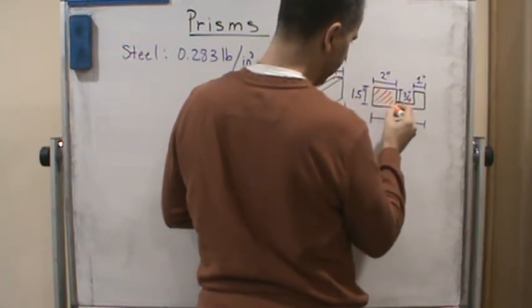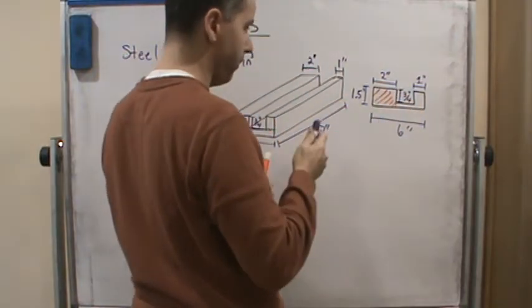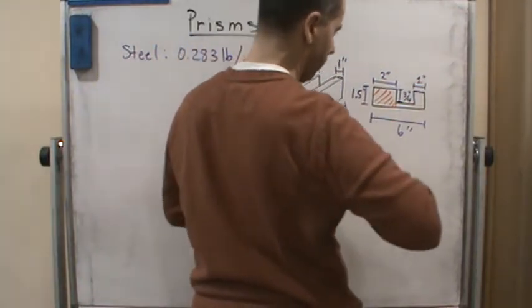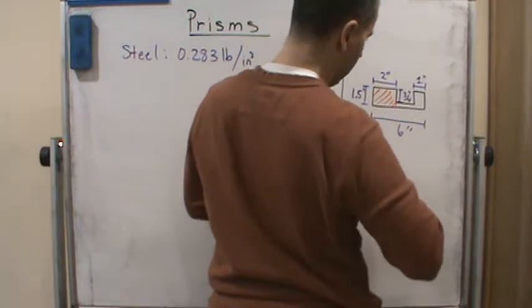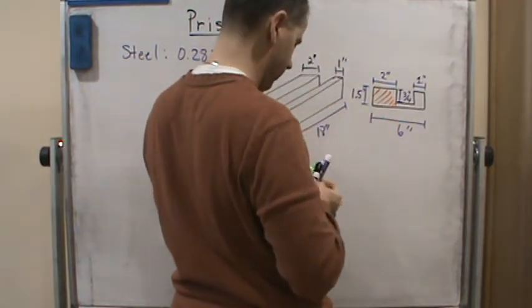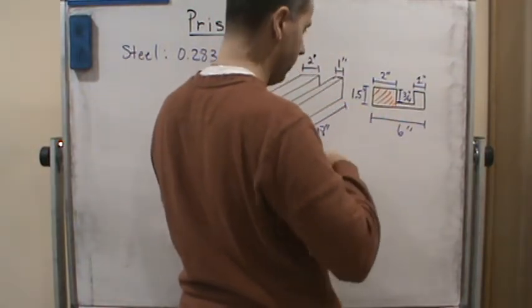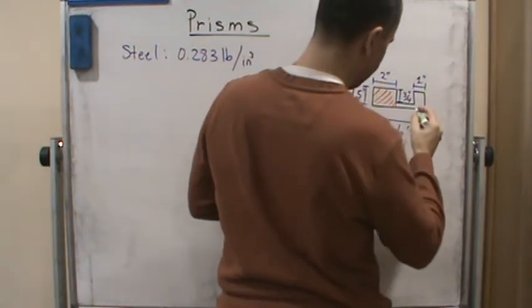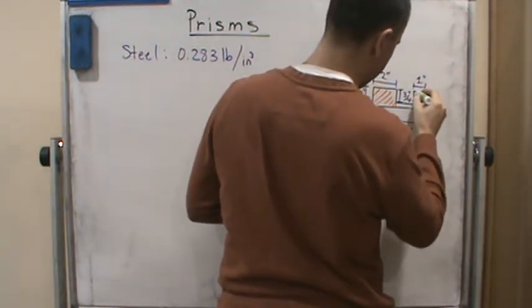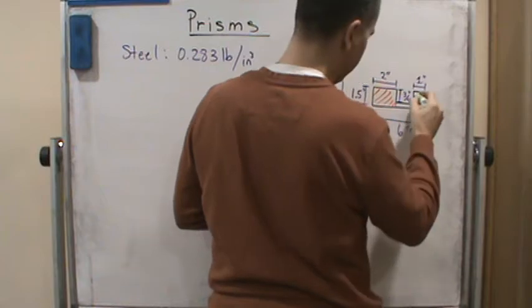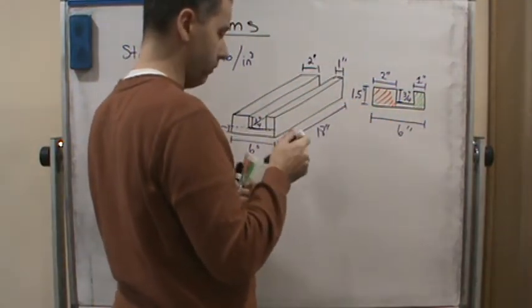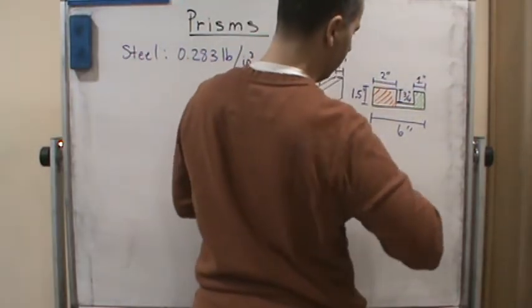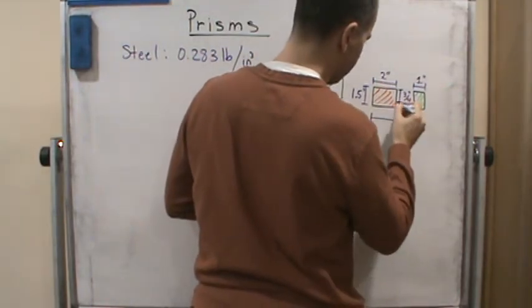So we've got that piece, and then let's use this one, and then I got that piece, and then I've got this piece.